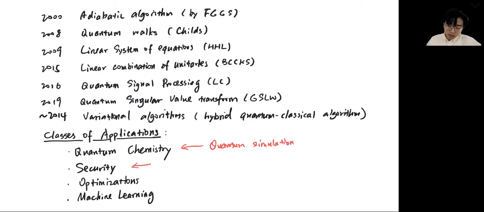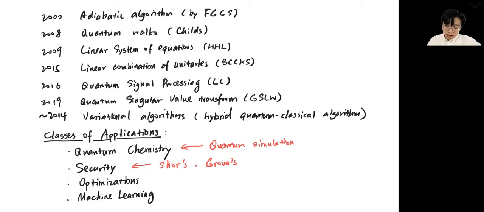Security applications were generalized from Shor's factoring algorithm, as well as Grover's search algorithm. And they also inspired a series of applications in optimizations, combinatorial optimizations, etc.